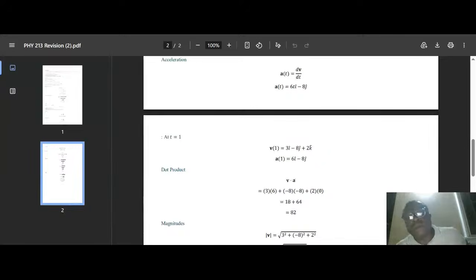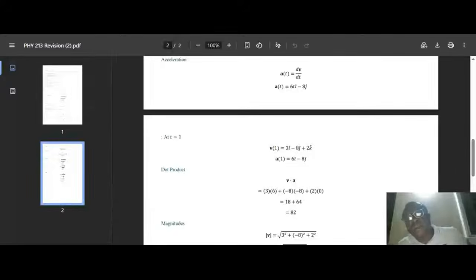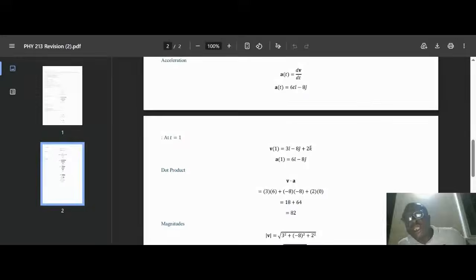Multiplying 3 by 6, we get 18, plus minus 8 times minus 8, which is 64.